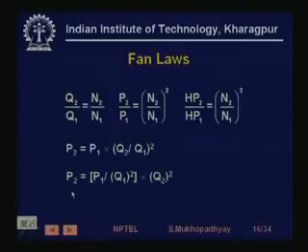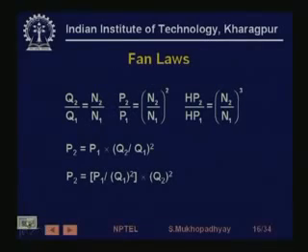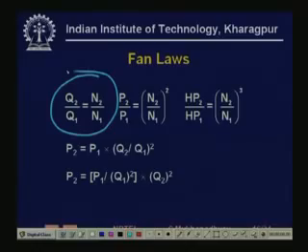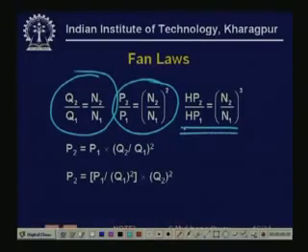Before we discuss that, we need to understand what are known as the fan laws. The fan laws say that in a fan, roughly Q2 by Q1 equals N2 by N1. If you change the speed, the curve shifts such that on the Q axis you get proportional changes, and P2 by P1 equals N2 by N1 square. The horsepower is going to vary as N2 by N1 cube.